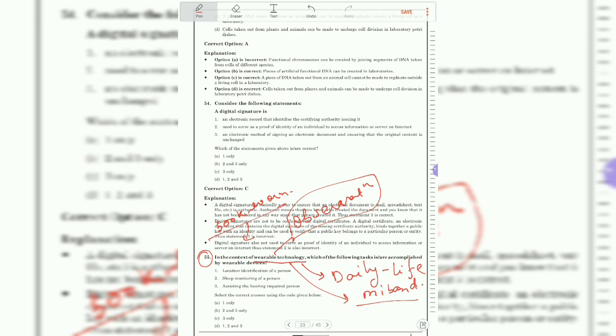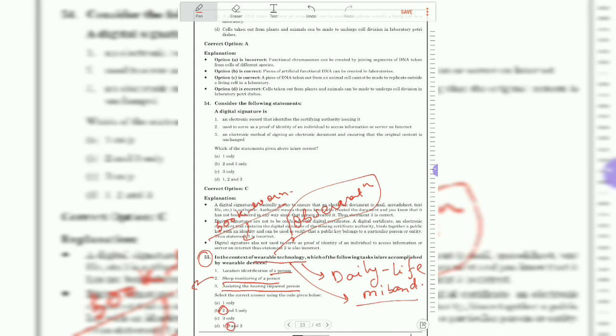Just see, location identification of a person, sleep monitoring of a person, assisting a hearing impaired person. So a wearable device can be anything. Sleep monitoring, you know, if you have ever used an MI band, so at least 2 was correct, right? So 3 we are not going, just 1 we are checking.